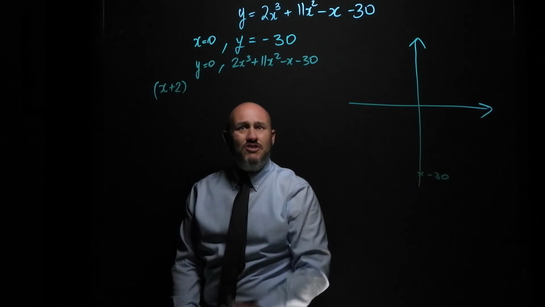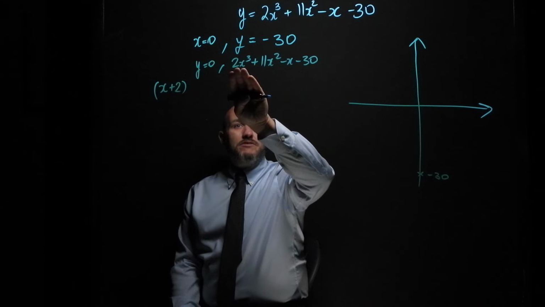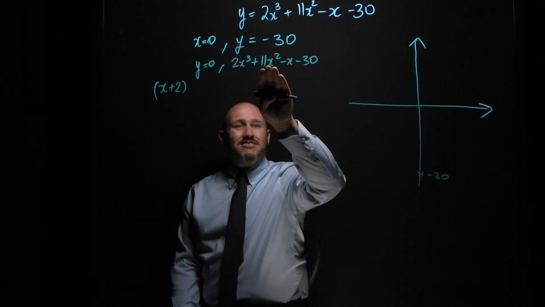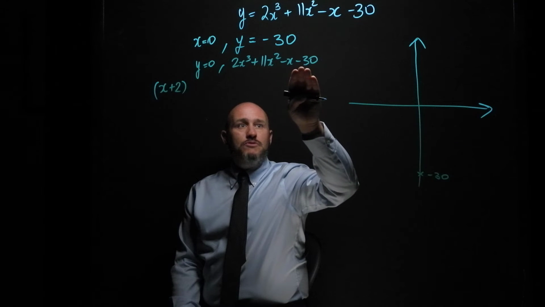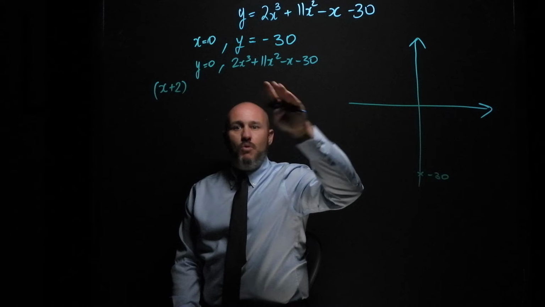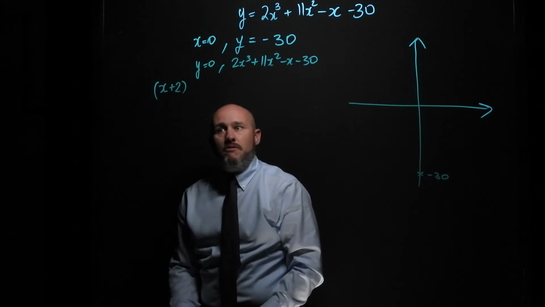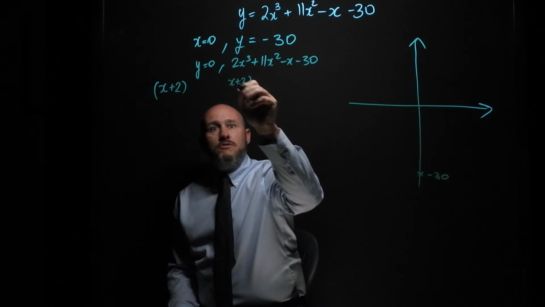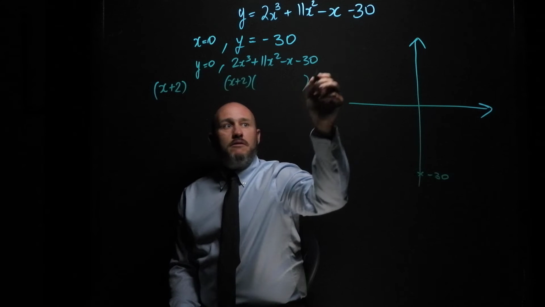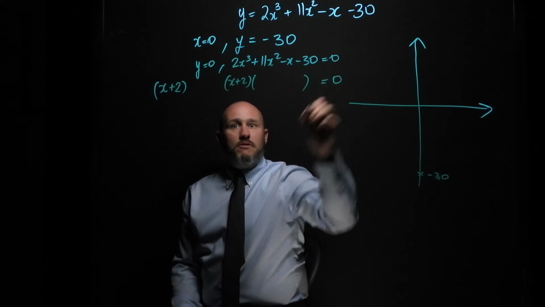So I've tested negative 2 in here, and I get negative 16 plus 44 plus 2 minus 30, and it works out that that gives us 0. So x plus 2 is a factor. So I get x plus 2 multiplied by something equals 0.